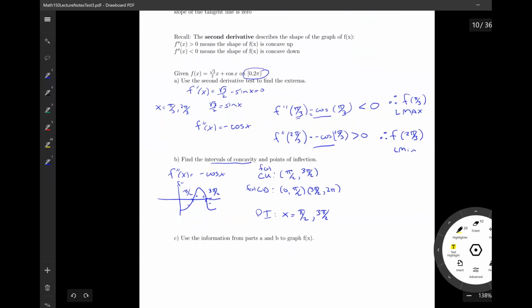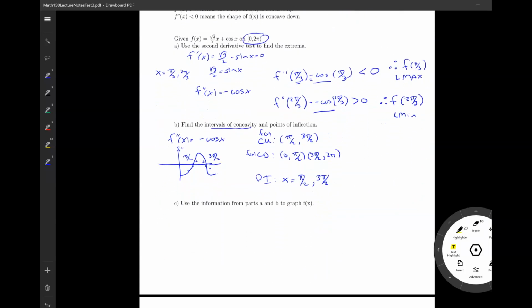Okay, so we've got all these pieces of information. So let's see if we can put together a sketch of a graph. So between 0 and 2 pi, I've got pi over 3, pi over 2, 2 pi over 3, and 3 pi over 2 as points that I need to think about what's happening.